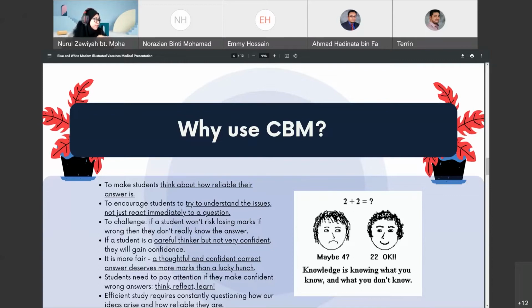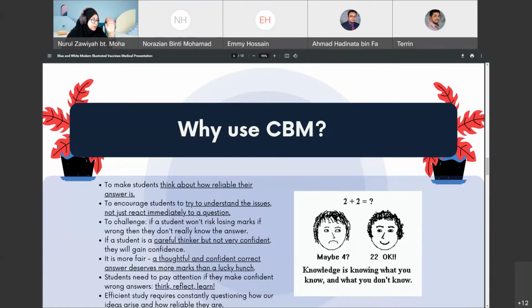So CBM provides a fair, thoughtful and confident correct answer that deserves more marks than a lucky hunch. A lucky hunch is when you answer correctly, but your CBM tells that you are not very sure. So there will be marks for this kind of student, and then there will be extra marks for a correct answer that you are very confident of. Students need to pay attention if they make confident wrong answers.